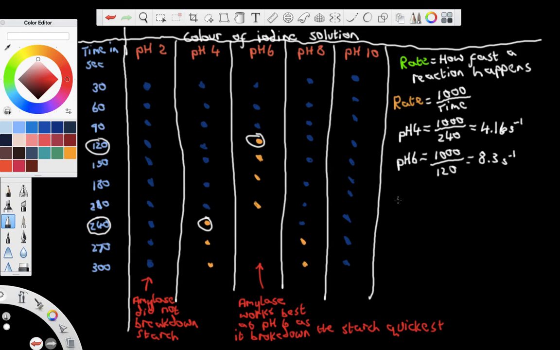For pH 8, I could do 1,000 divided by 270 to give me, I can work it out, 3.7.